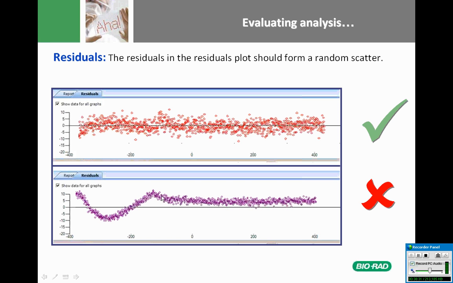In this example below, you can see that the residuals are deviating from the fit. So something is wrong here. There is a deviation, or you can say there is some systematic error in the sensorgram.